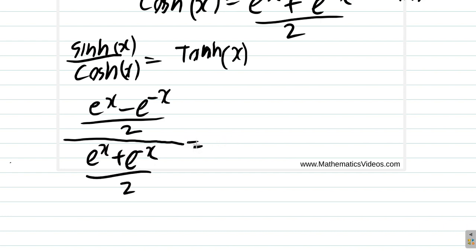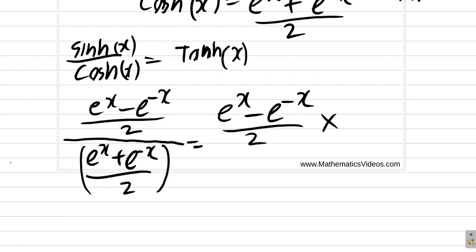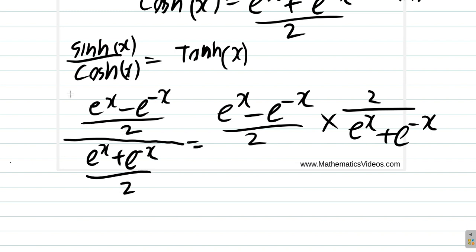Now, once you remember your fractions, you would know that this is e to the x minus e to the negative x divided by 2 multiplied by the reciprocal of the denominator fraction, which is 2 divided by e to the x plus e to the negative x.